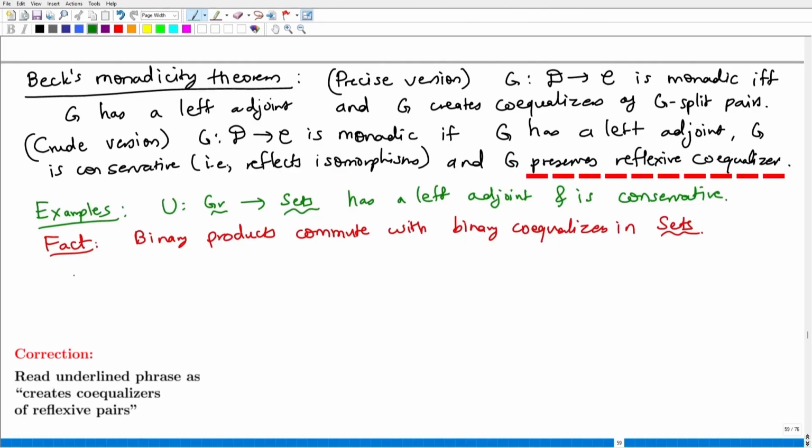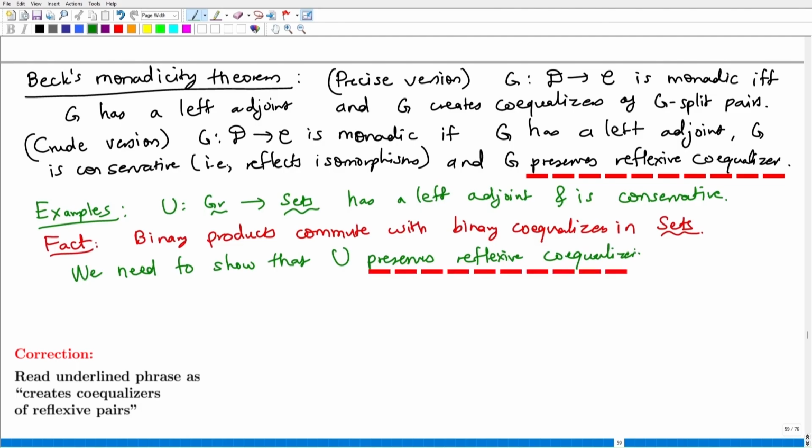So we need to show that U preserves reflexive coequalizers.